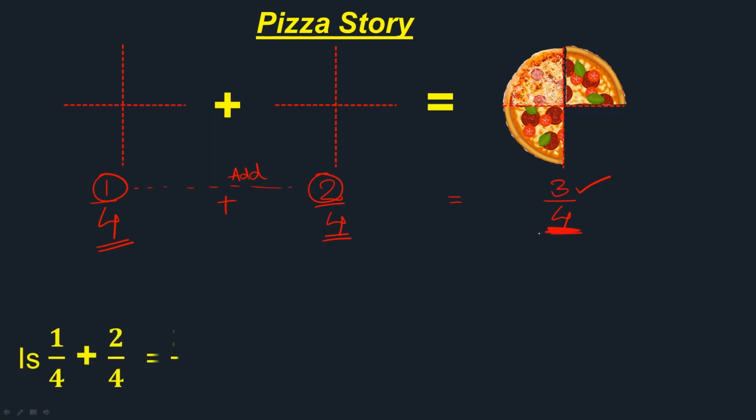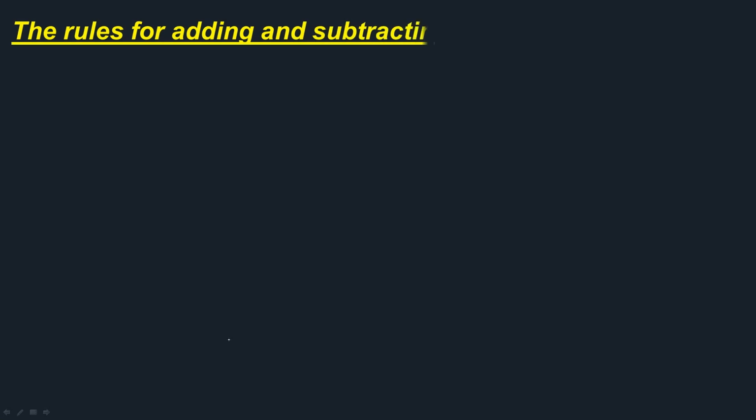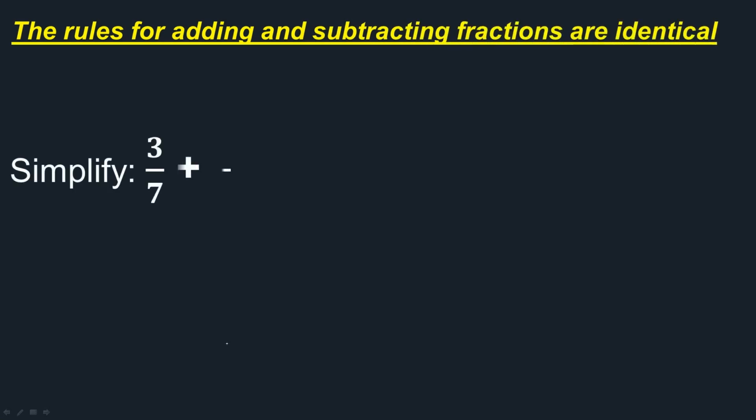So let's have a quick look at the beginning of the question. 1 over 4 plus 2 over 4, 1 plus 2 equals 3, that is absolutely correct. Whereas denominator 4 and 4, we should not combine them, that stays the same. The rules for adding and subtracting fractions are identical.